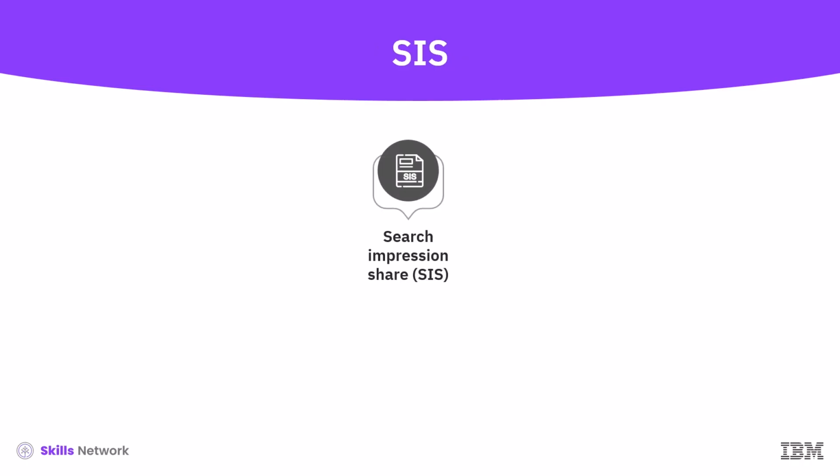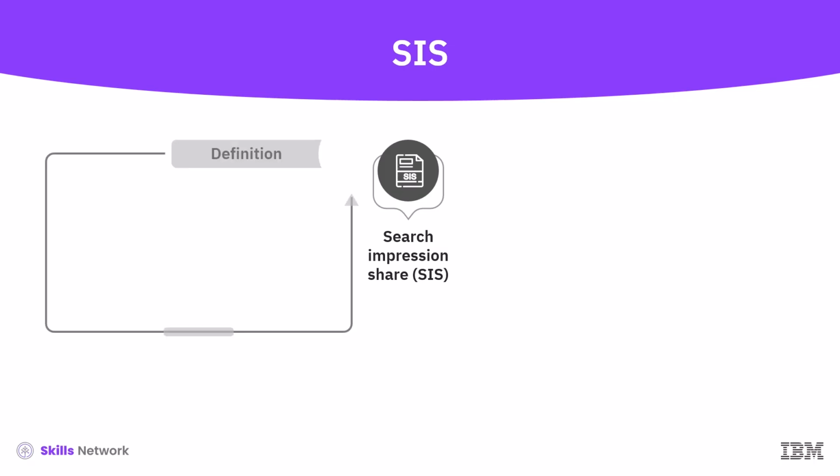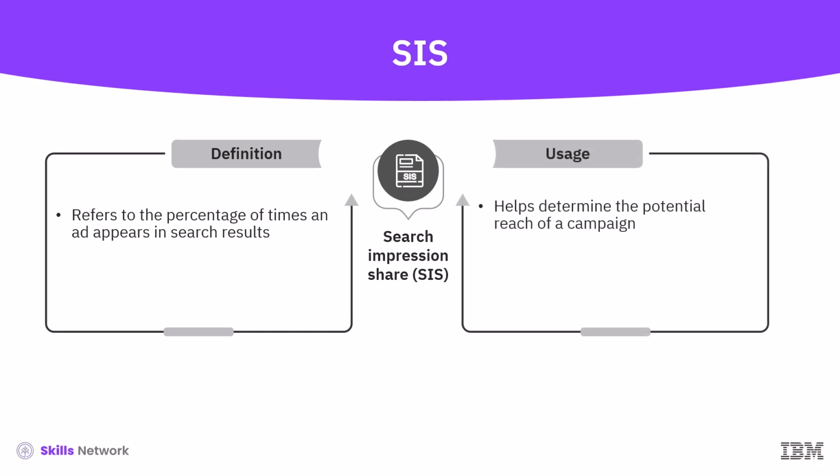Finally, the last key marketing metric is SIS. This metric is the percentage of times an ad appears in search results compared to the total number of times it was eligible to appear. It is crucial for campaign media allocation, as it helps determine the potential reach of a campaign and its ability to drive additional sales. Campaign managers use SIS along with other metrics to allocate media resources effectively.